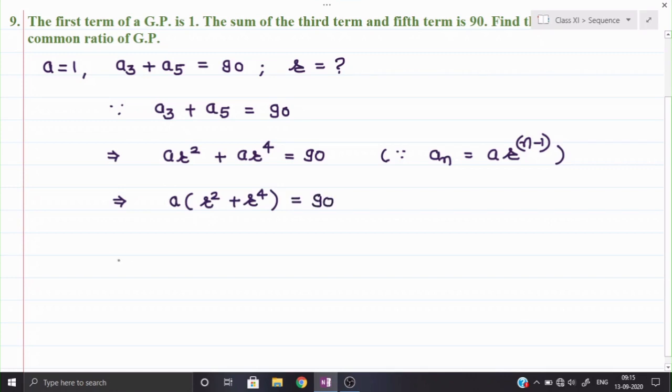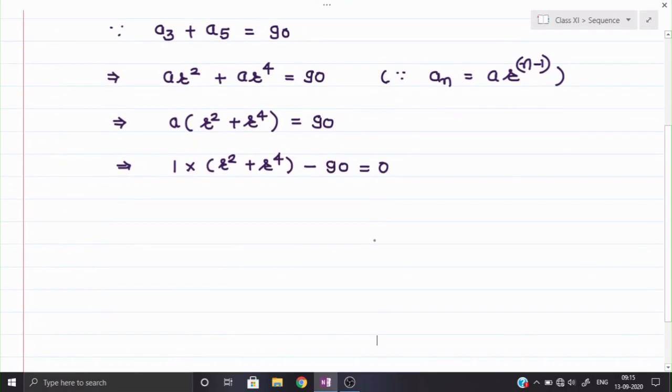Now the value of a is given as 1, so 1 into the bracket r square plus r to the power 4 minus 90, because we can bring 90 to this side. We can ignore 1 because multiplying leaves the bracket the same. So we get the equation r to the power 4 plus r square minus 90 is equal to 0.